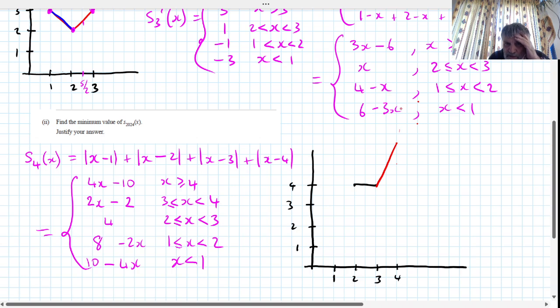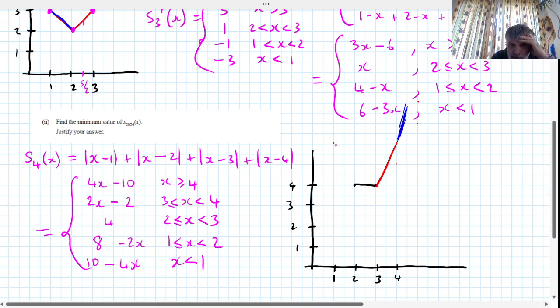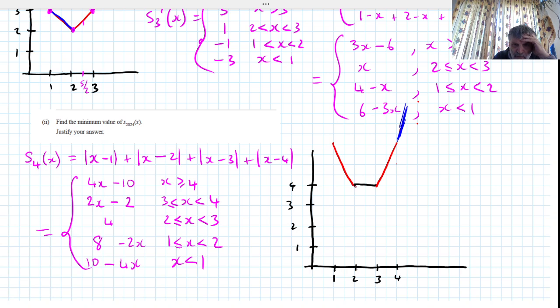So it's steeper here. Something like so. Over here, 8 minus 2x, so it's going down like this. 2 2s are 4, 8 minus 4 is 4, so that's right.